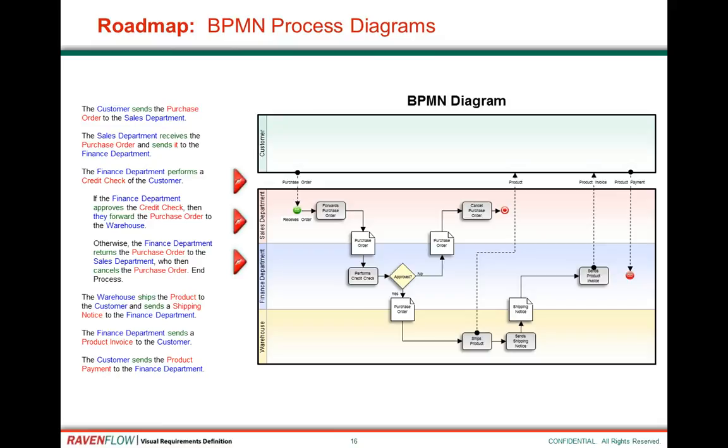Roadmap. There's a set of new capabilities that we've been working on. One of them is the ability to generate process diagrams that are consistent with BPMN as a standard. If you're not familiar with that, it stands for Business Process Modeling Notation, and is considered to be the emerging standard for process symbology and laying out a process like you see here.